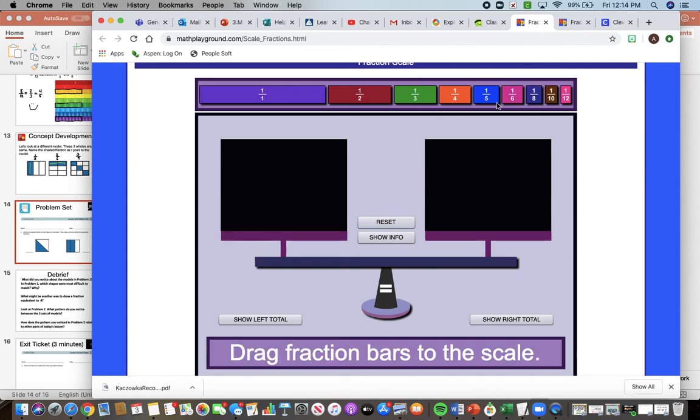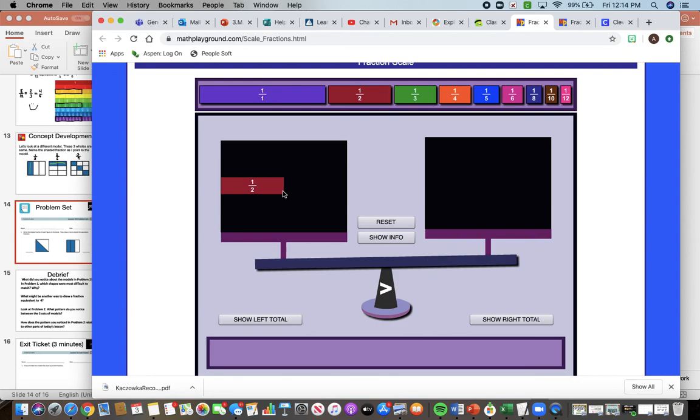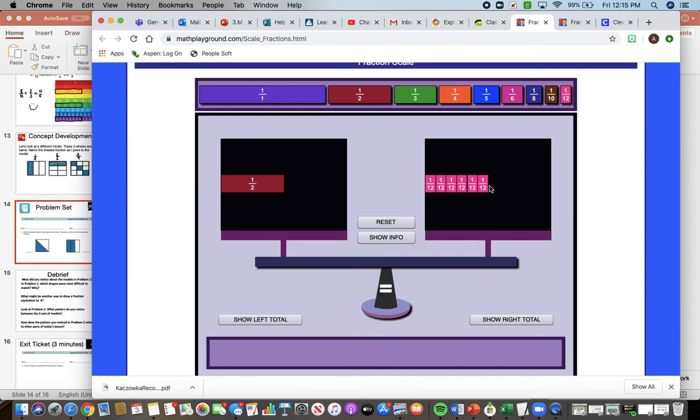So you can go ahead and explore all the different ones that they might be equal to. For example, I might want to know what is 1/2 equal to how many twelfths? So I have 1/12, 2/12, 3/12, 4/12, 5/12, 6/12.